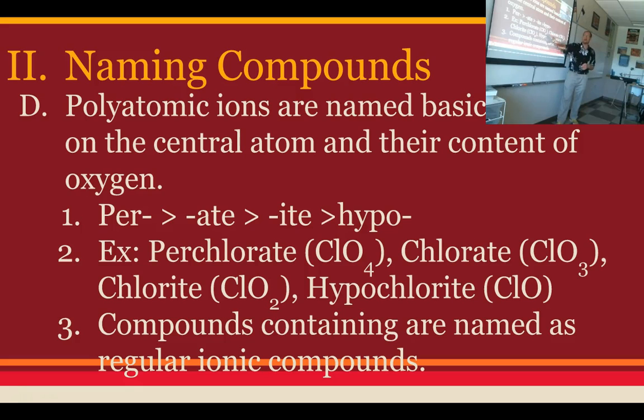So this is going to come with practice, and this is going to come with seeing these words a bunch. When you first look at it, you're like, well, how do I know? Like, how do I know sulfate means SO4 and sulfite means SO3, because there's nothing there that tells me 4 and 3, right? You just have to get used to using the words, and you'll recognize there's no such thing as SO2. There's no such thing as SO5.